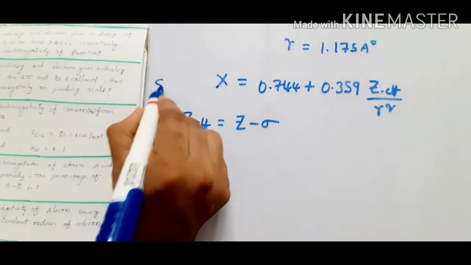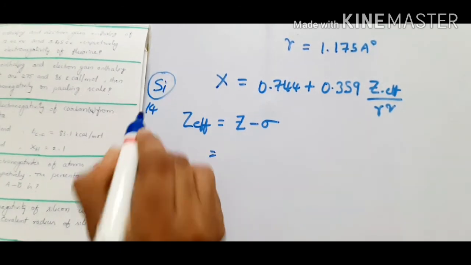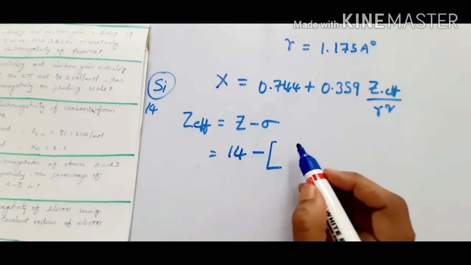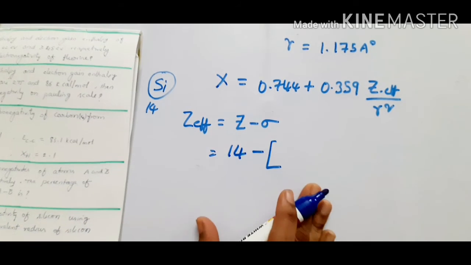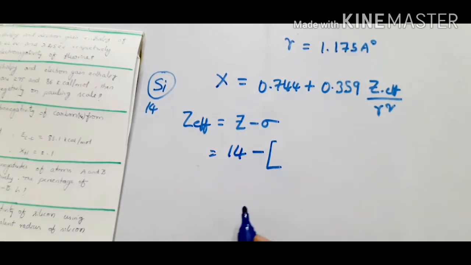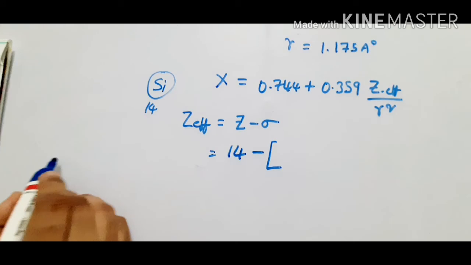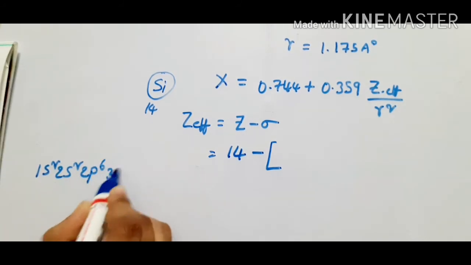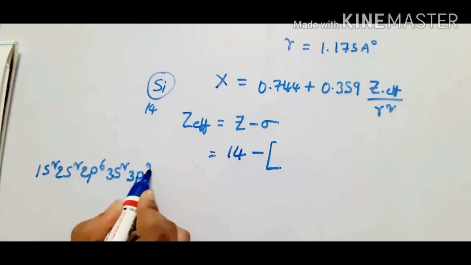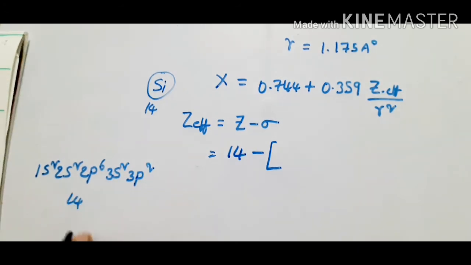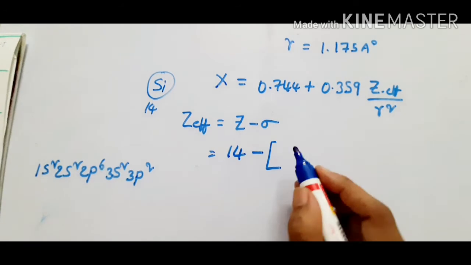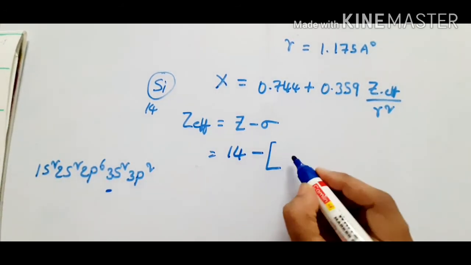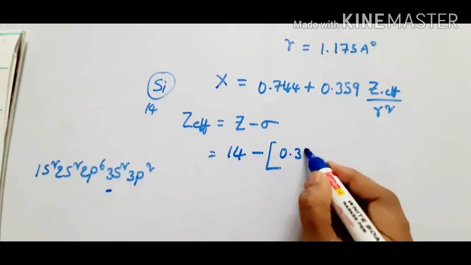From Slater's rule, sigma can be calculated. Z is the atomic number. We have silicon, right? Silicon atomic number 14. So 14 minus sigma. First you have to know the electronic configuration. What is the silicon electronic configuration? 1s2, 2s2, 2p6, 3s2, 3p2. We have 14 electrons, right? Sigma is calculated using n electrons multiplied with 0.35.